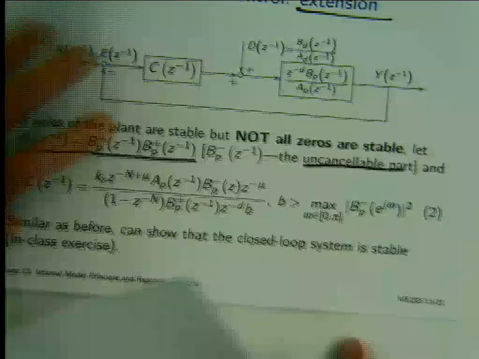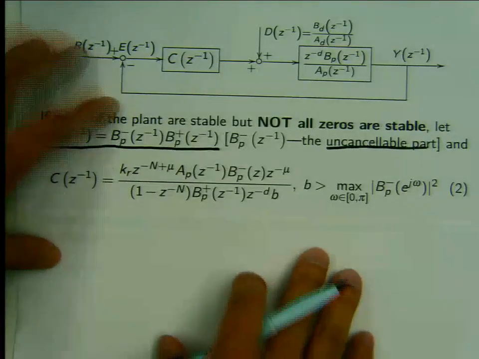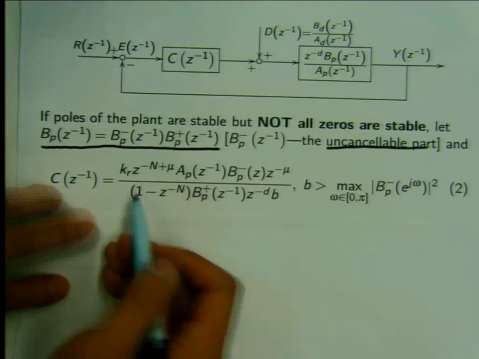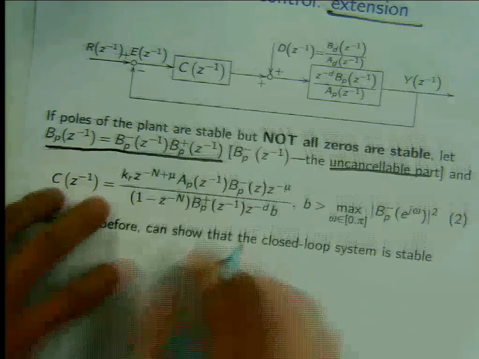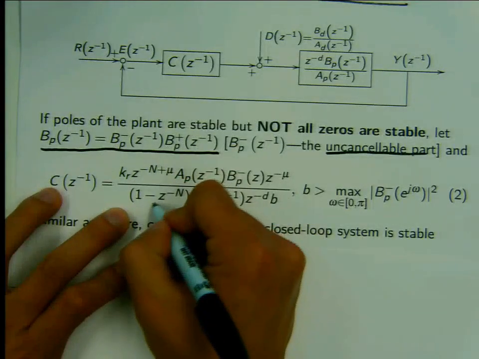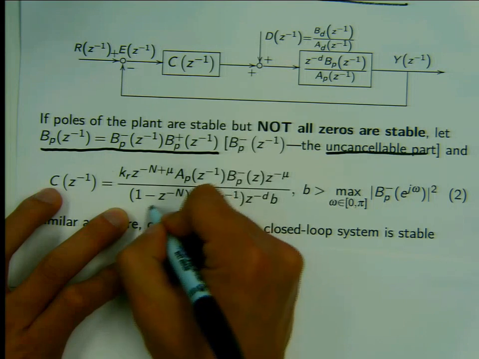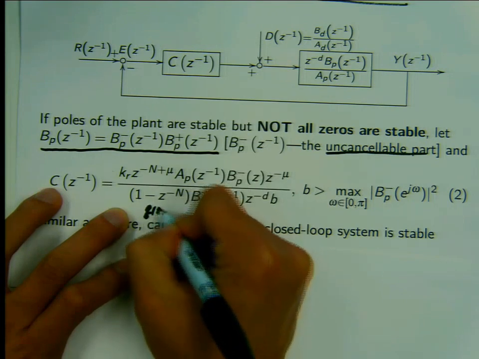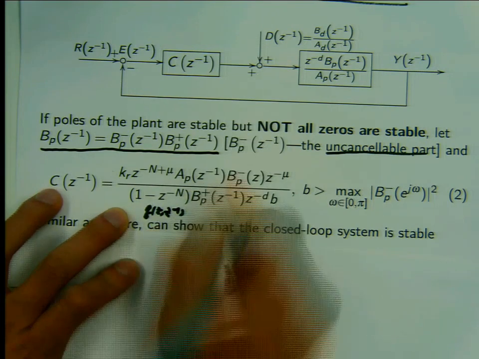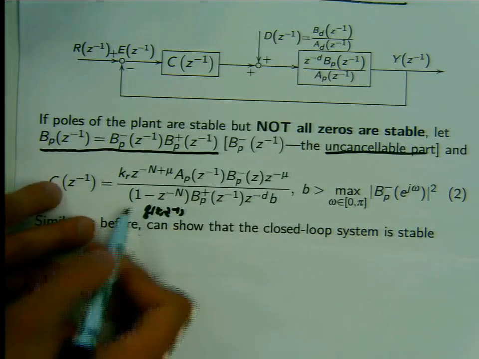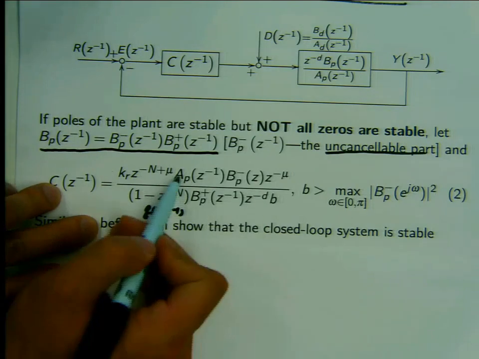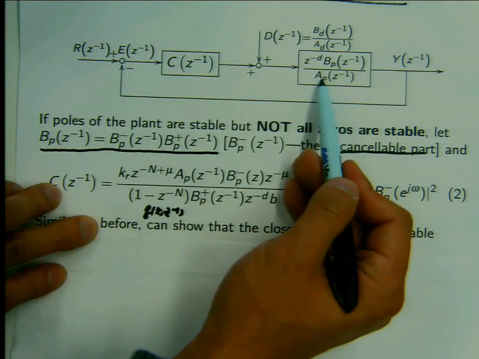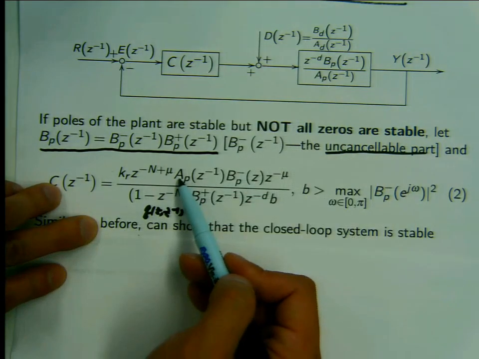This is the design. So take still the structure. In this case, I'm doing the internal model case. I haven't included this part yet, but we'll do that later. So the idea is still to include the internal model over here, and then include this AP, which is going to cancel this AP here.